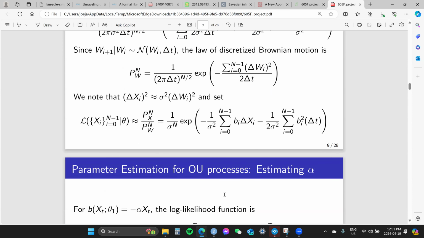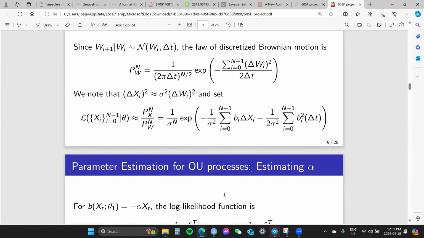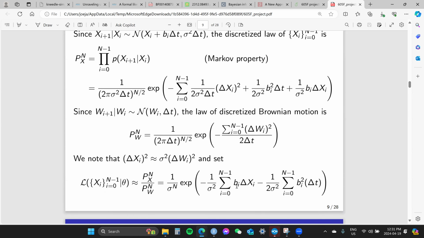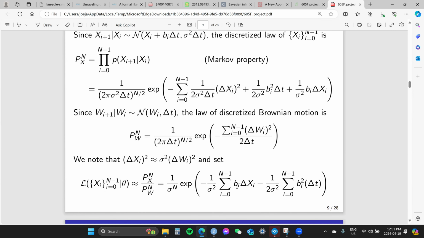So don't you think B1 and sigma square might be dependent at the end after you finalize this equation? Might be highly dependent? Yeah, so we found that in this simple case, when dt, your time granularity, is very small, it seems that you can solve them independently.